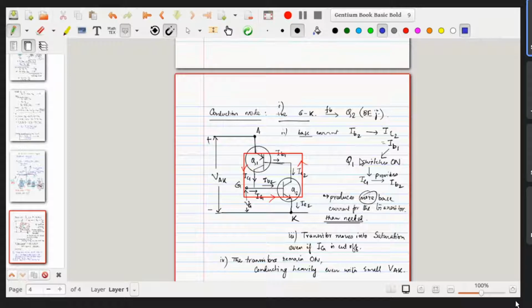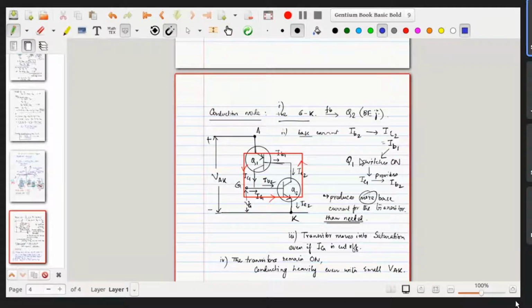If this continues loop after loop, iteration after iteration, then what happens? We observe that it is going to produce more base current than is actually needed, and the transistor is going to move into the saturation zone, even if we remove the triggering at the gate.